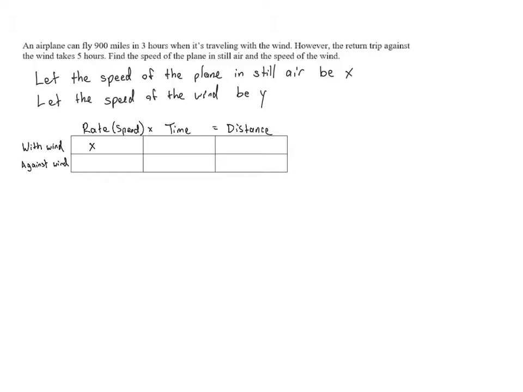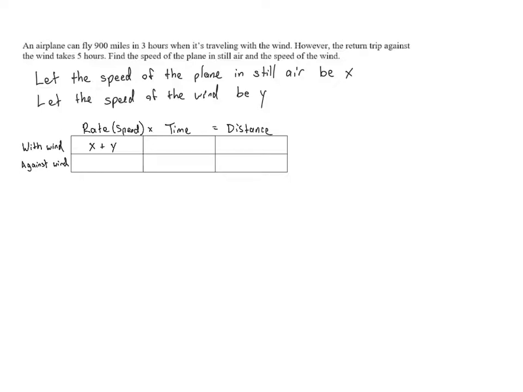Now the speed of the wind we said was y, and since that's pushing the plane forward, it's adding to the speed. And so the speed of the plane with the wind is going to be x plus y. That x miles per hour comes from the plane's engine, and the y miles per hour is the additional speed it's getting from the wind.